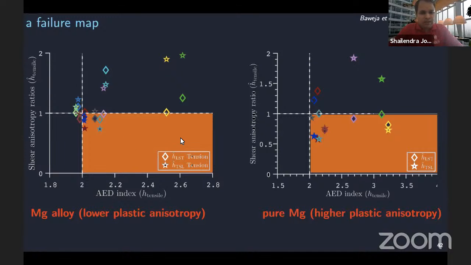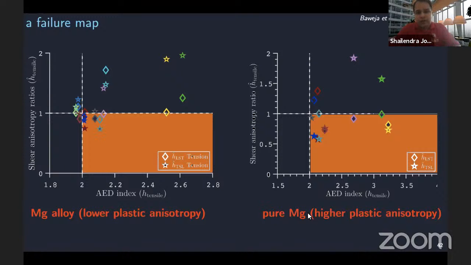Materials with crystallographic anisotropy and texture that fall in this orange zone would be of interest to us as damage tolerant materials. And what you see is that for a typical magnesium alloy like AZ31, there are fewer combinations that you can really play with, apparently right now. At least this is preliminary work that we have done, where we can get both to be working to our advantage.